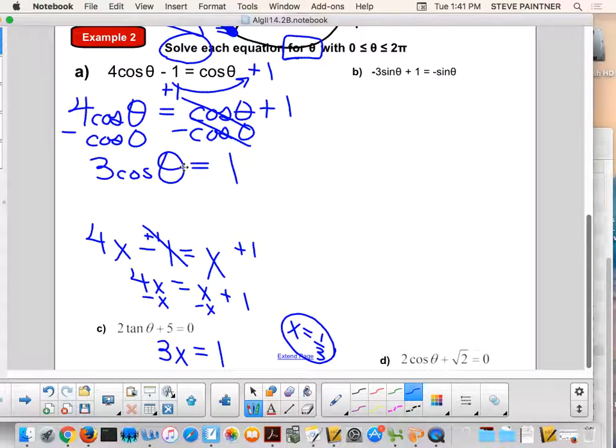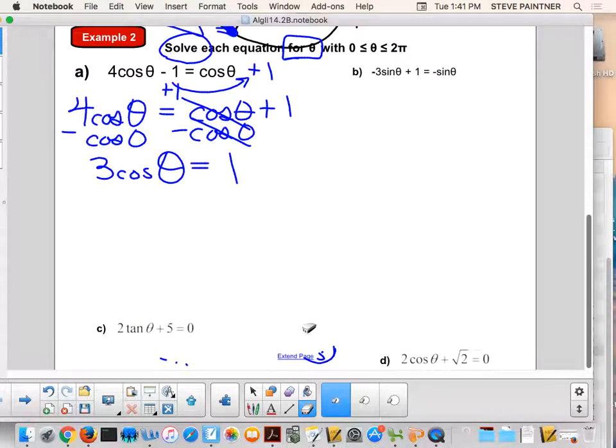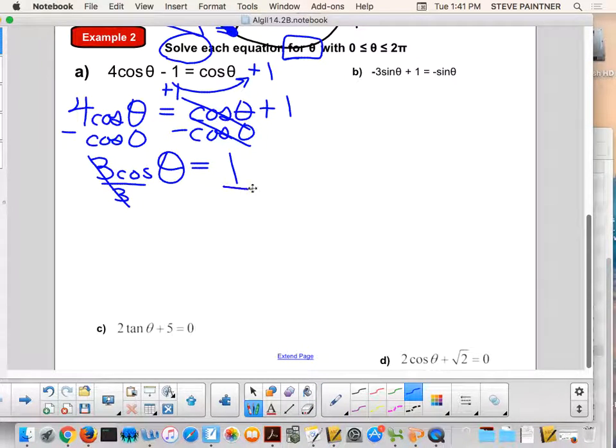Okay, you're solving for cosine of theta, guys. What do you do now? Divide by 3, right? Okay, so divide by 3, and the answer is 1/3. Cosine of theta equals 1/3. Doesn't this look like what's up above on the top half of your notes?